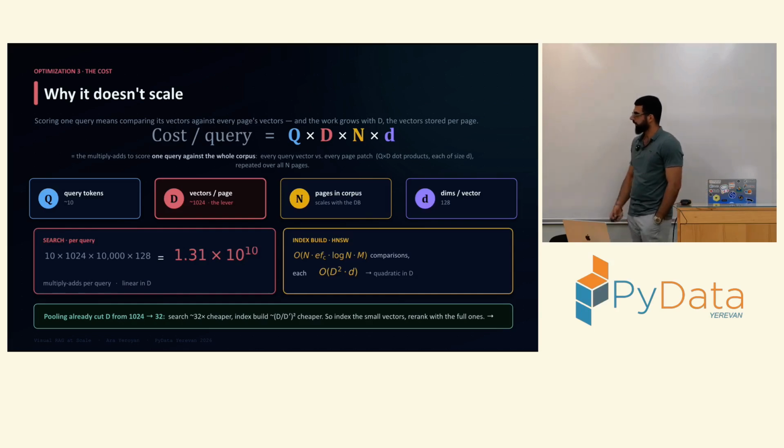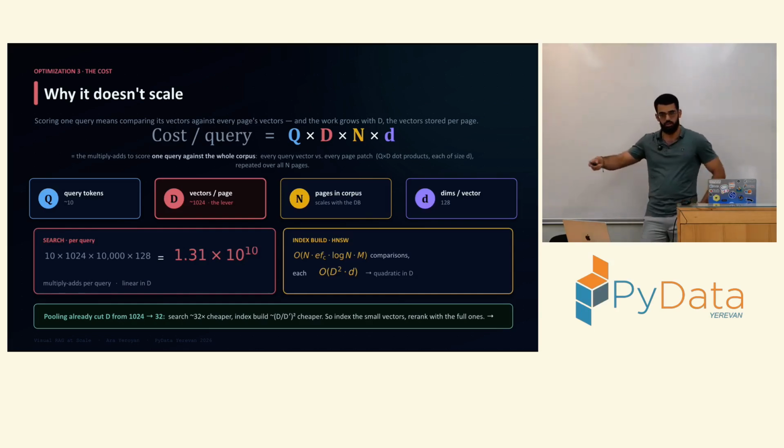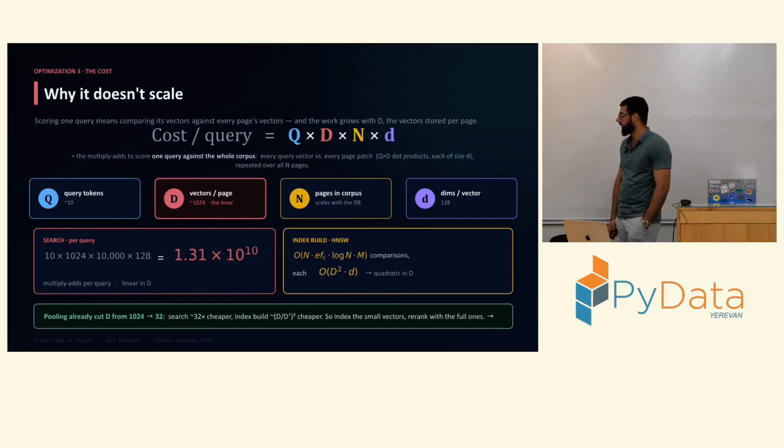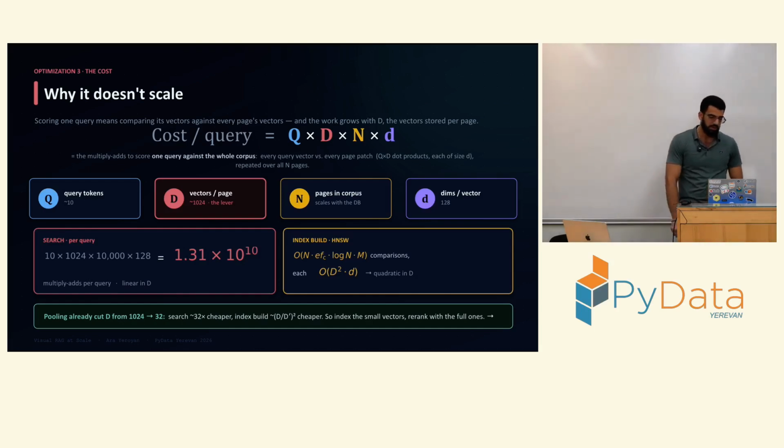And with our optimization, we manage to decrease the number of vectors, so significantly that in our case, let's say from 1024 we get to 32. It gives us quadratic time optimization. And if we also consider the index build time, but let's not go deep into how it's derived.